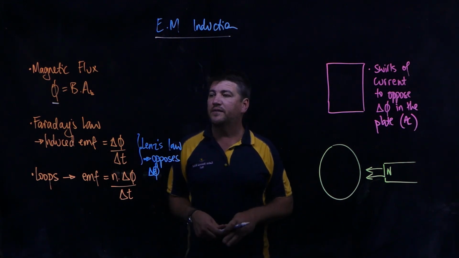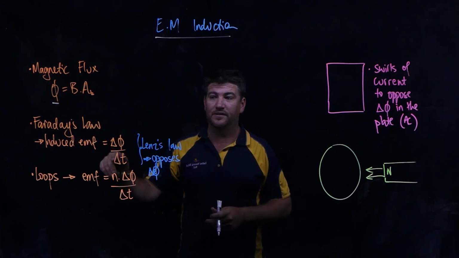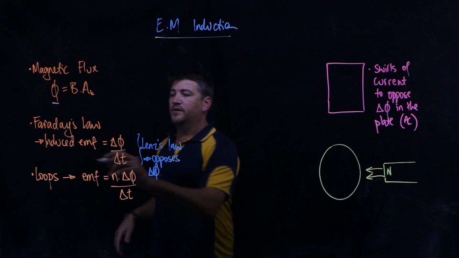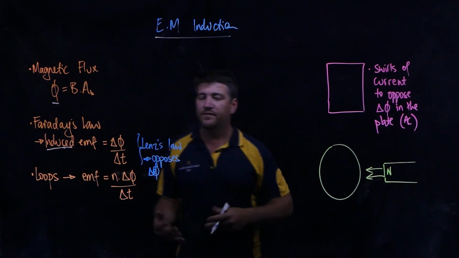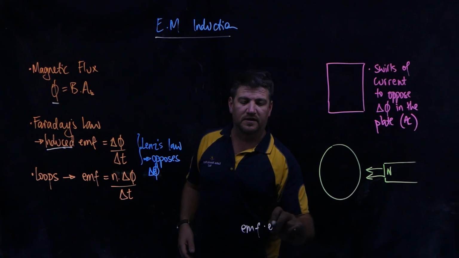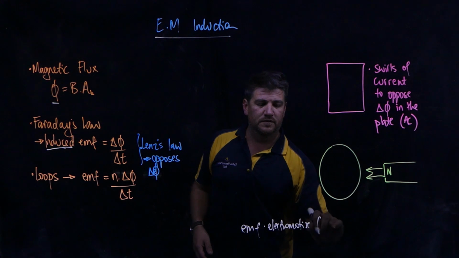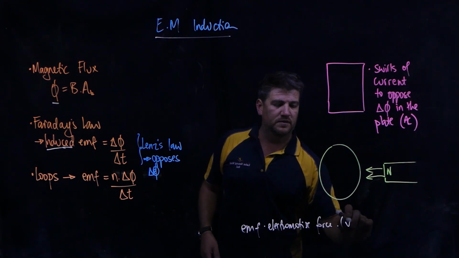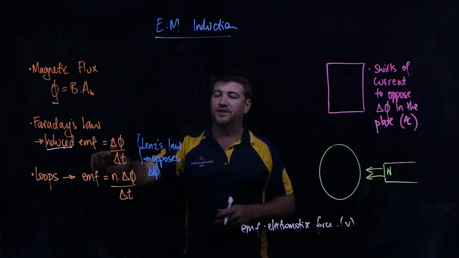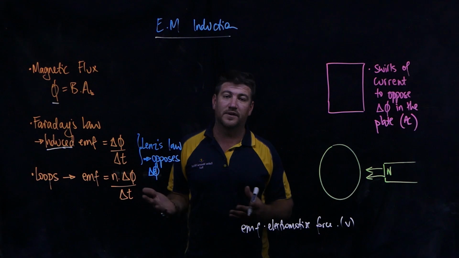Alright, and a dude called Michael Faraday, Google him, fantastic guy, came up with what's now known as Faraday's law. You can induce an EMF. An EMF is electromotive force, or a voltage, and it is able to be generated by changing the magnetic flux over some amount of time.